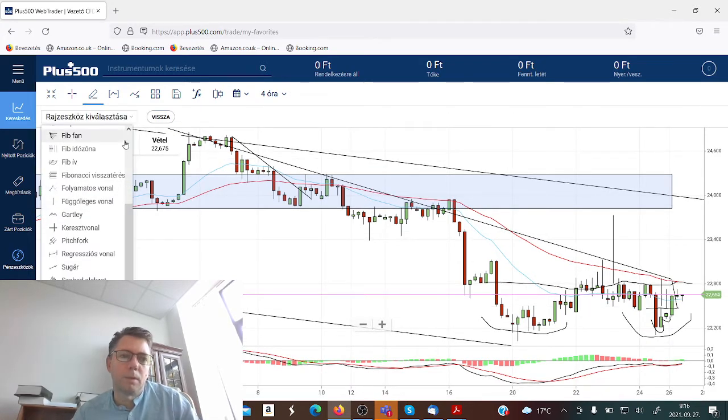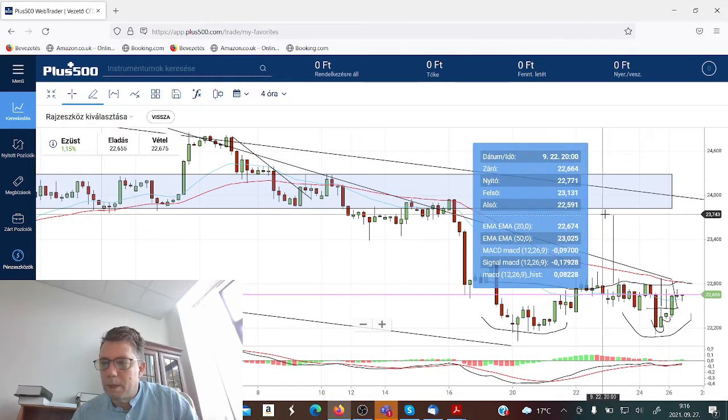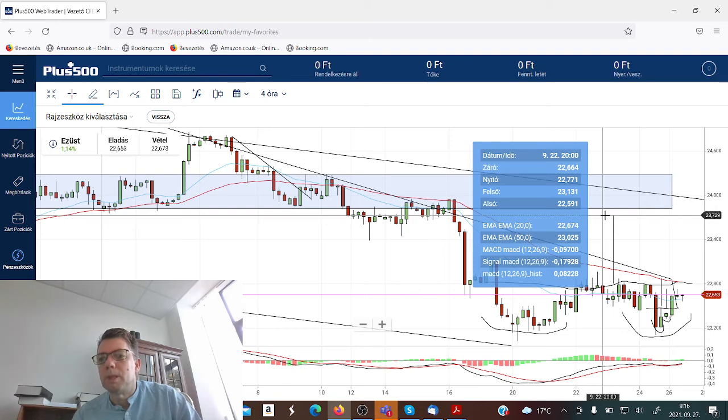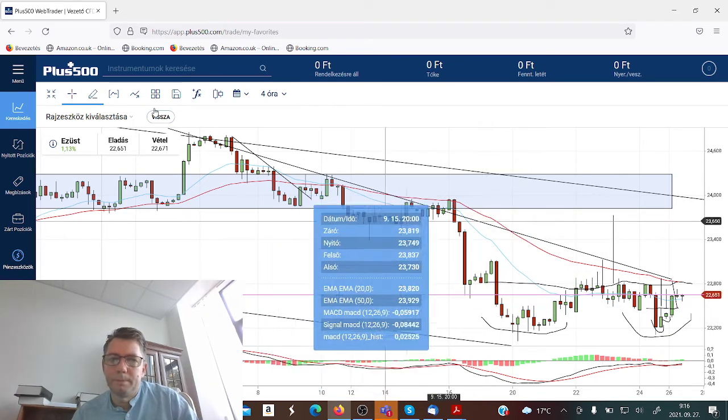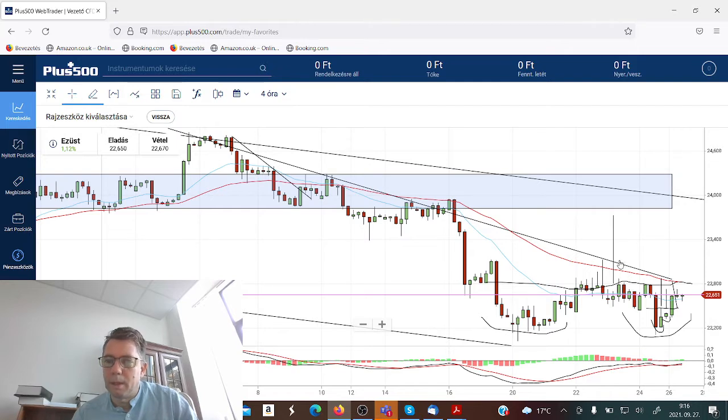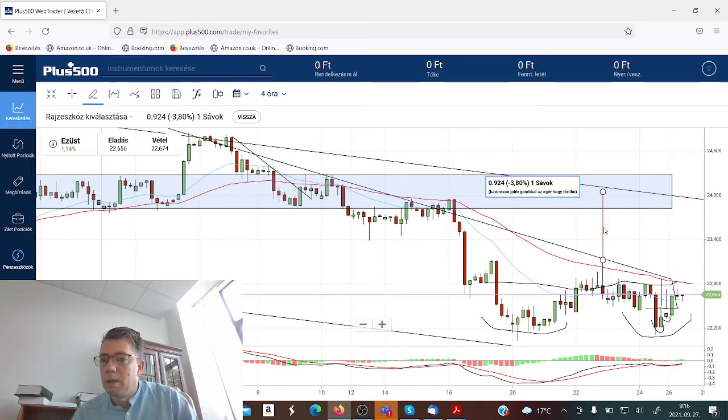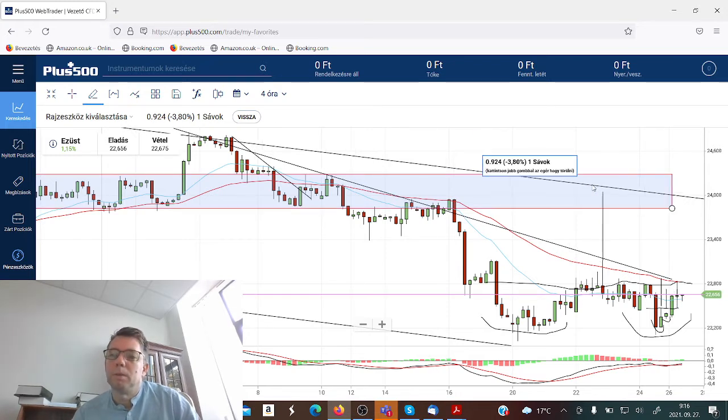what it looks. Oh, let's look at this one here. Okay, and the target price is 23.773, or I think I can put it on the top of the wick, maybe even this wick. Then we will arrive at the 24 area.